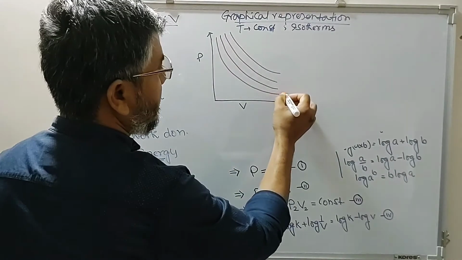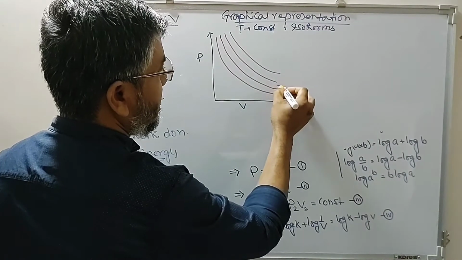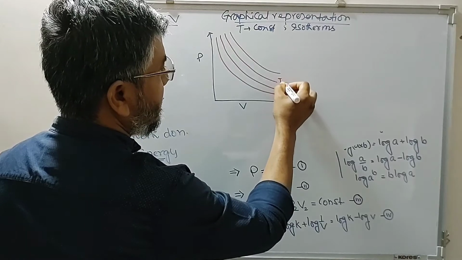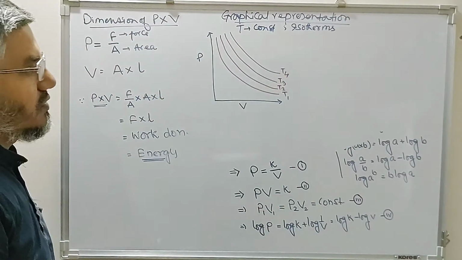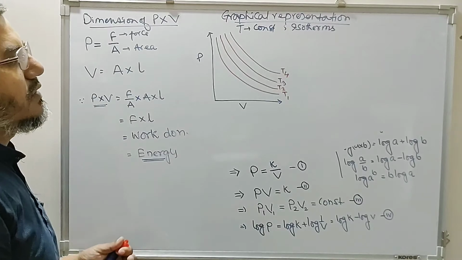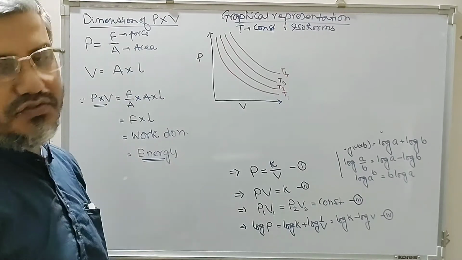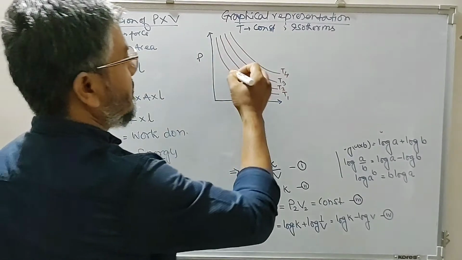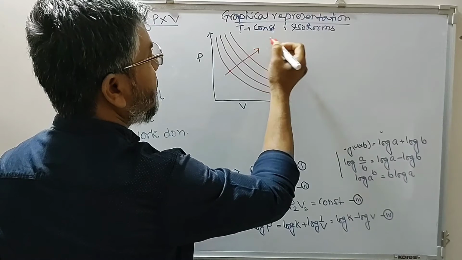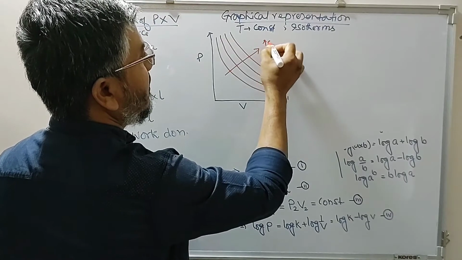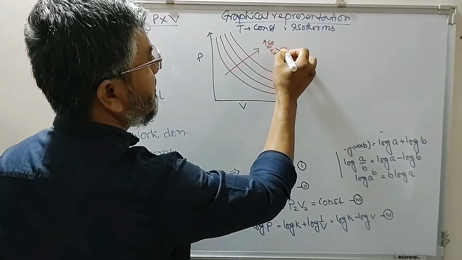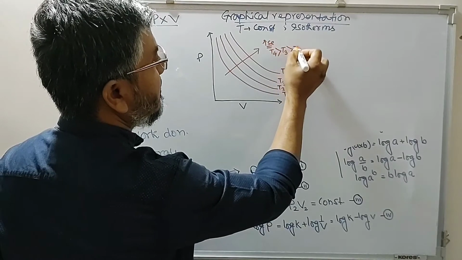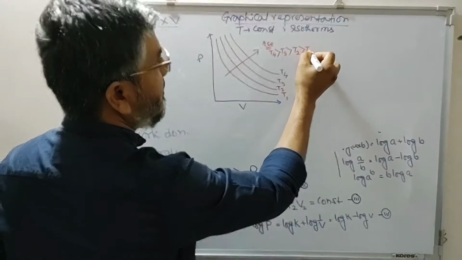Suppose this is at temperature T1, this is at temperature T2, this is at temperature T3, this is at temperature T4. If someone asks to compare the temperatures T1, T2, T3, T4, moving from T1 to T4, temperature will increase. That means T4 is greater than T3, which is greater than T2, greater than T1.